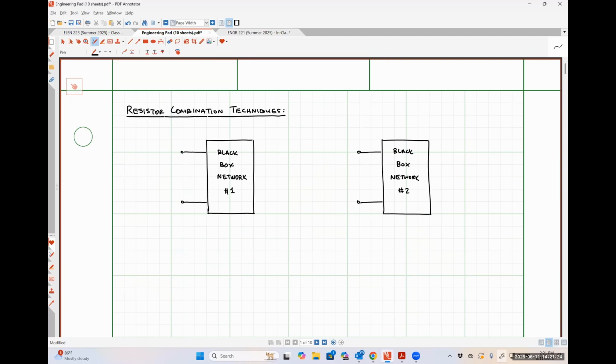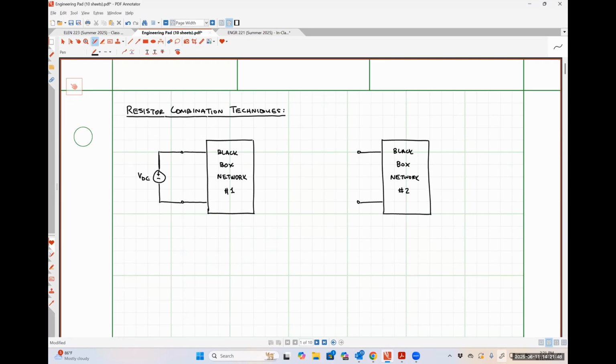And here are its terminals, okay? So let's say that I excite black box network number 1 with a voltage source, okay? I'm just going to call this voltage source VDC.